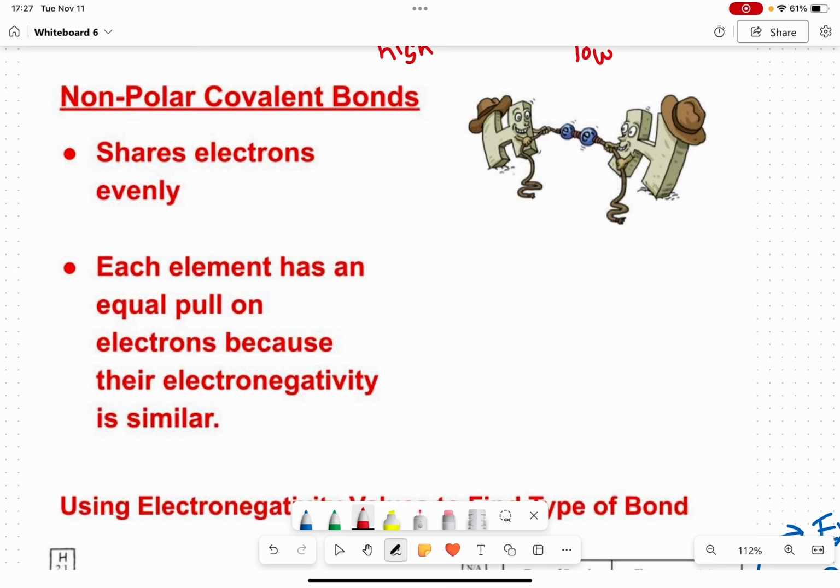Nonpolar covalent bonds are when they share electrons evenly, and that's because each element has an equal pull on the electrons, which means their electronegativity is similar. They attract electrons pretty much equally.